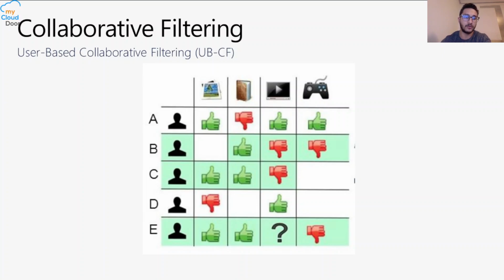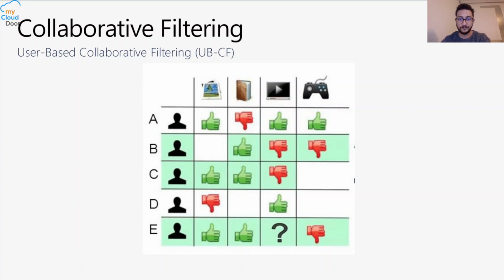So what we will do is try to find the most similar user to the user E, which in our case will be probably user C, because the two users liked pictures, the two users liked books, and lucky for us, we have a feedback of the TV from the user C. And apparently user C didn't like the TV, so based on that logic, the recommendation system, the collaborative filtering, will assume that user E wouldn't like it either, so it wouldn't recommend it to him.